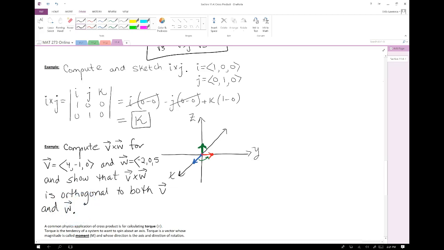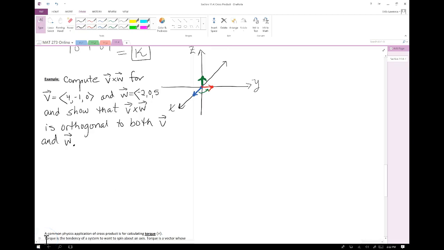And you may not remember, but there was a way back in the last section where we learned that we could show that two vectors are orthogonal to one another. So first, some more practice here with calculating cross product. We're going to start with the v components, which are 4, -1, 0, and then the w components, which are -2, 0, 5.